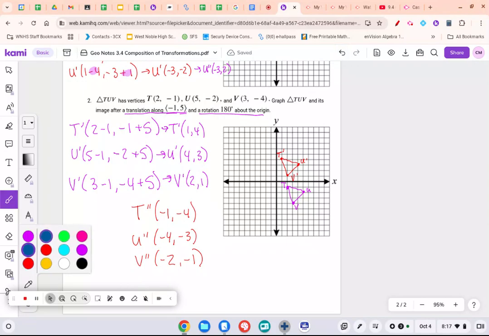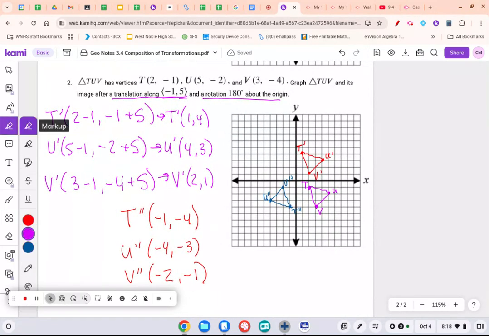So we have -1, -4, T double prime. And then we have -4, -3, U double prime, and then V, -2, -1, V double prime. So that is my final translated shape.